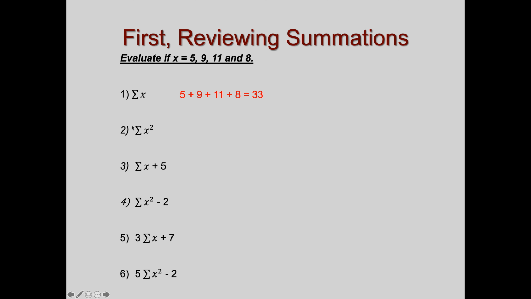Okay? Now the next one says, number 2, the sum of the x squareds. Now, when I write out the sum of the x squareds, that means I have to take each of my x's, which are up here, 5, 9, 11, and 8, and I need to square each of them. 5 squared is 25, 9 squared 81, 11 squared 121, and 8 squared 64.